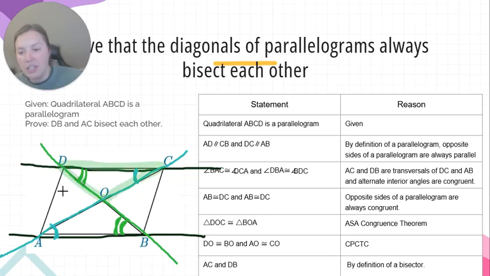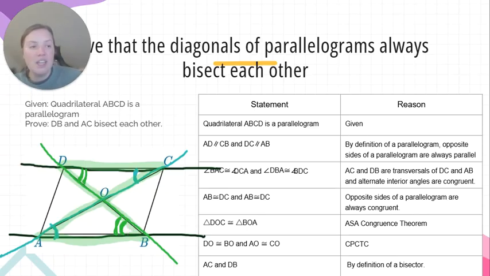Now, if I were to look at this triangle here and this triangle right here, right? We can see that we have two known congruent and corresponding angles. We want to show that these triangles are congruent to each other so that we can then apply that our bisectors are congruent also.